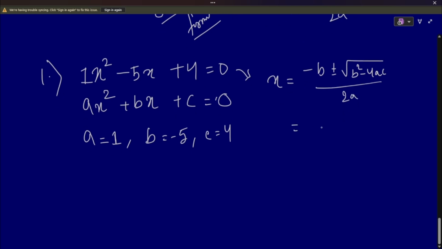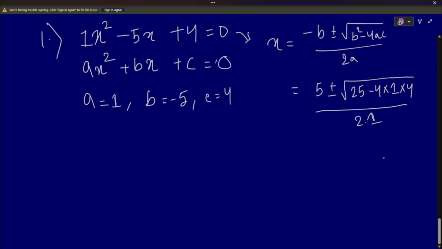So what is b? b is minus 5, so minus b should be 5 plus minus b square means minus 5 whole square, which is plus 25, minus 4 multiplied by a is 1 and c is 4, divided by 2 times a, which is 1.